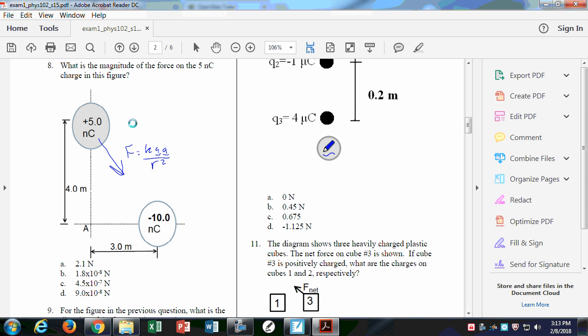But remember, if I'm looking instead for, say, the electric field at this point, then I have to use these distances. There's no charge here, right? But I still have an electric field at this point due to these two charges. So fields can exist just out in space without any other charges present.